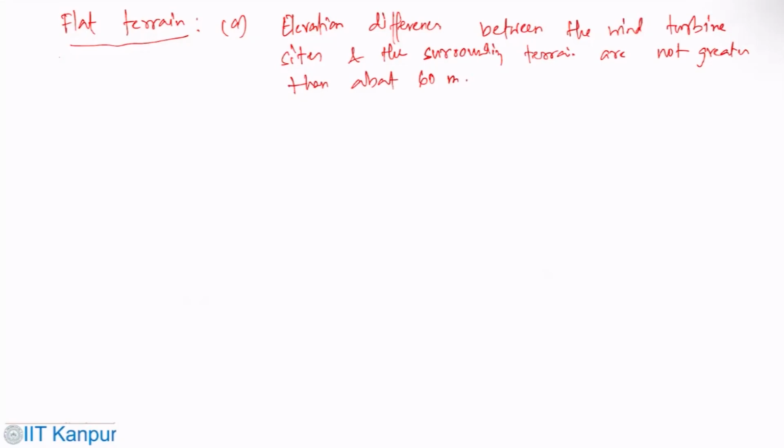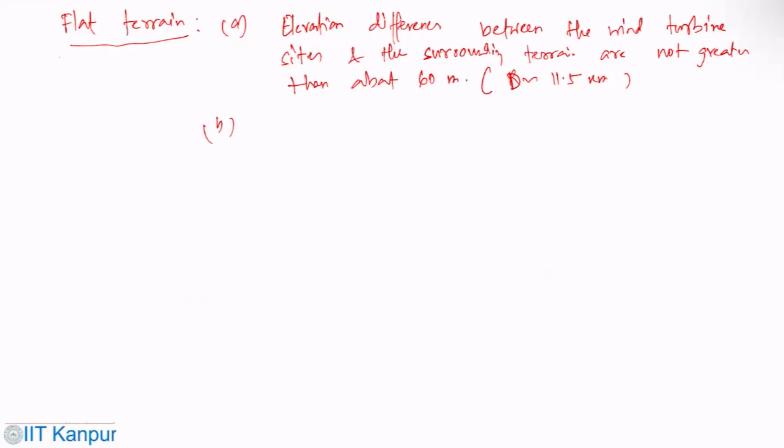So essentially in a radius of 11 or diameter of 11.5 kilometer of the turbine site, within that, the elevation difference between the wind turbine site and that should be very less.